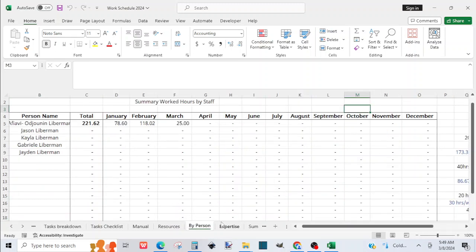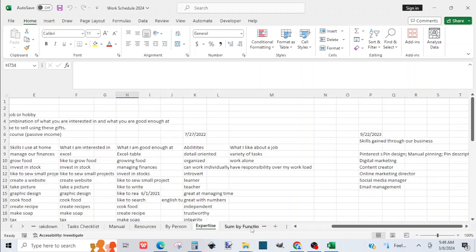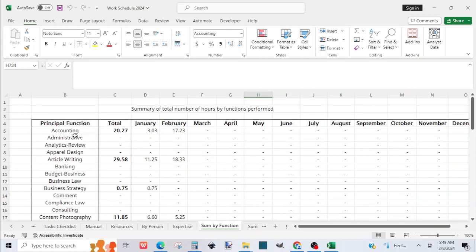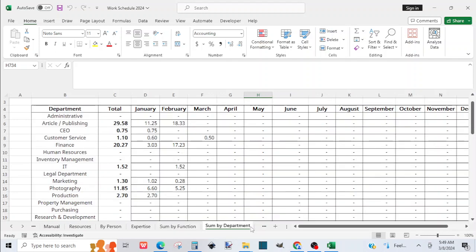You can summarize hours by person or by principal function or activities, to see how much time you are spending in each area of your business, and by department if needed. This version is not for sale yet. It's going to be there, but we do have another version there as well.